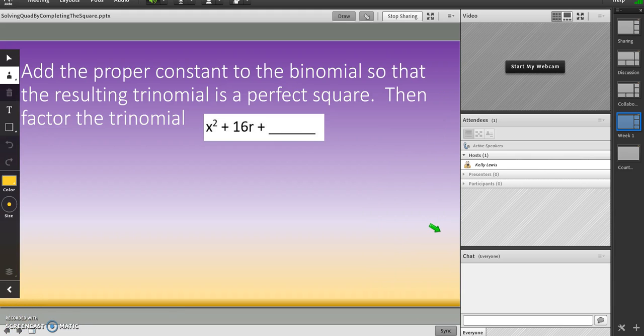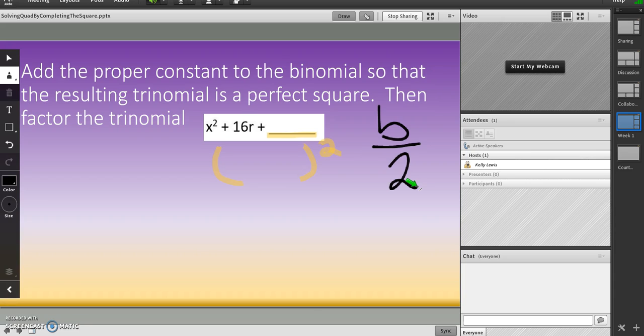All right, so right now, all I want us to do is figure out what goes here so that we can write the perfect square component. The way we're going to do that is we just use this formula, b over 2.